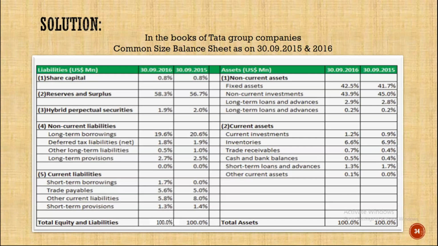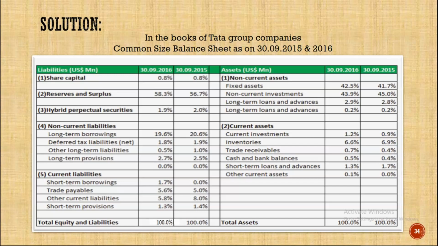In 2015, again at the end total equity and liability is converted to 100. In case of assets, total assets for both the years are mentioned as 100. So that is the base for calculating the percentage of the above figures mentioned as liabilities or assets.